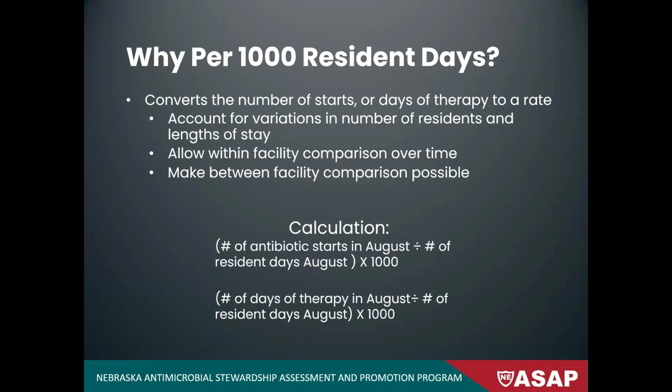So for example, if you started 100 antibiotics and you only had 1,000 resident days, but in another facility, they started 100 antibiotics and had 2,000 resident days, even though the 100 antibiotics are the same in both facilities, the one with only 1,000 resident days used half as many antibiotics, if that makes sense. And so correcting it to this rate is really important, not only to compare yourself to other facilities, but for you to track over time as your census fluctuates in your facility.